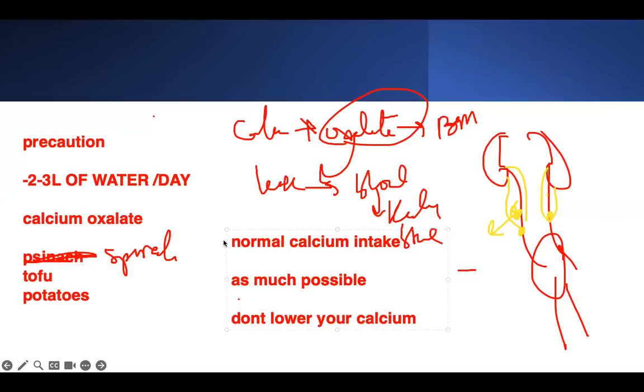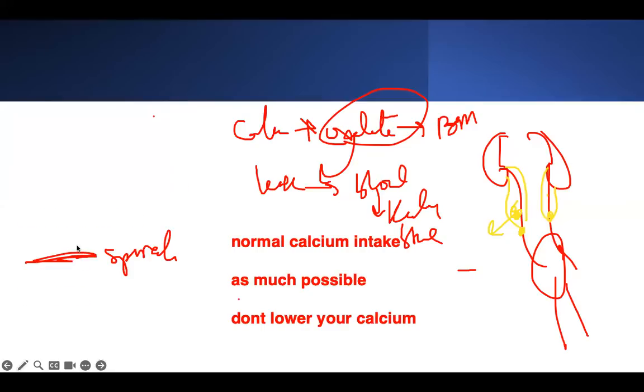I don't want you to increase your calcium. If you increase it, then you form stone associated with hypercalcemia. I want you to have a normal level so they can bind the oxalate, and that will take care of it. If it's a uric stone, yeah, so avoid high protein, a gout kind of treatment, to avoid high protein as much as possible.